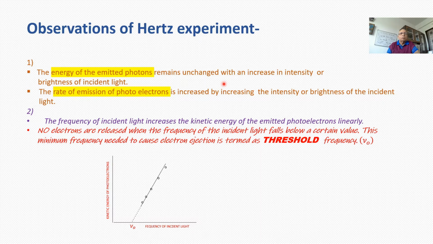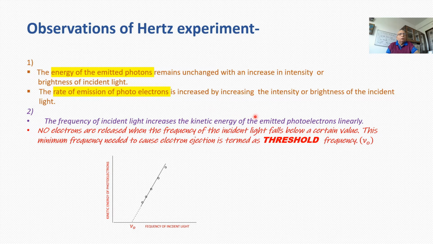It doesn't change. Of course, when the brightness of the incident light is increased, the number of photoelectrons released per second becomes more. Or you can say the emission of photoelectrons is increased by increasing the intensity of the incident light over the metallic surface.